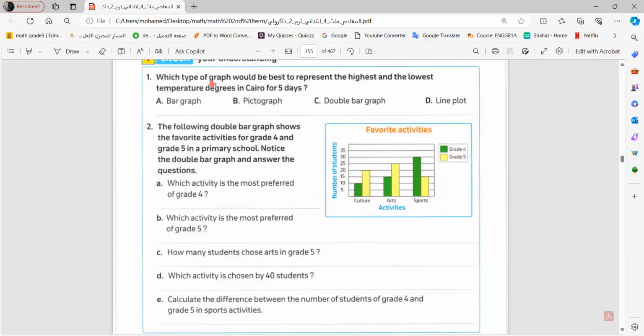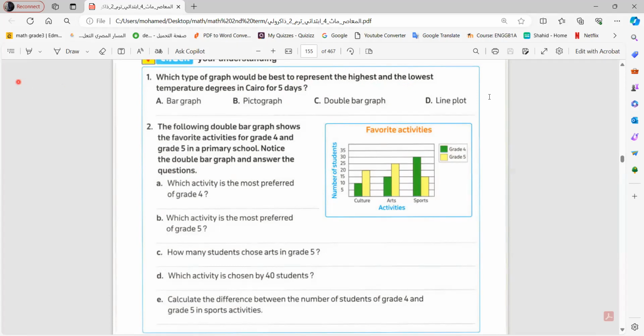Which type of graph would you choose for this? If you will measure the highest and lowest temperature for Cairo, not for one day, for 5 days. I guess I will choose the double bar graph. Why, Miss Aliaa, double?